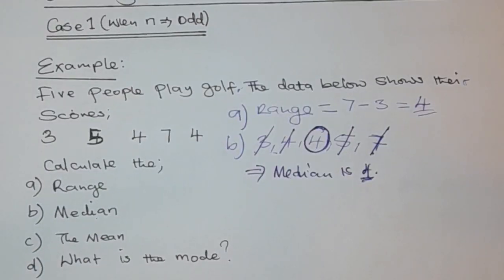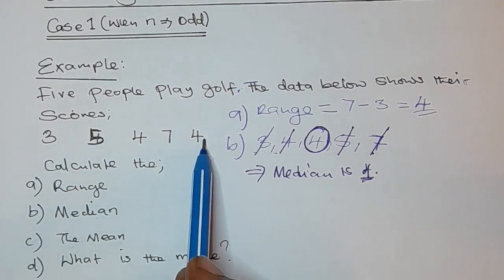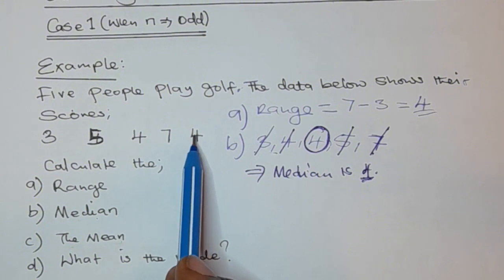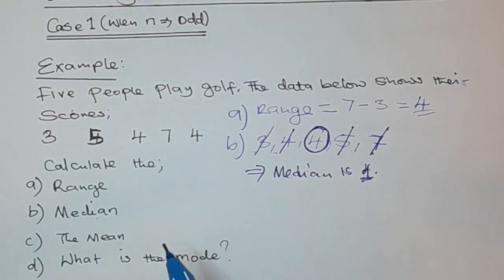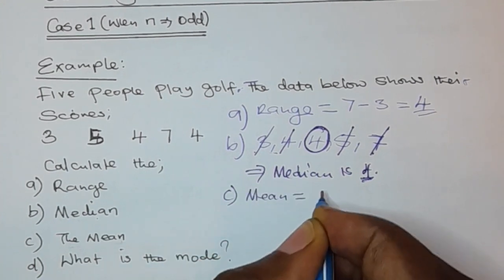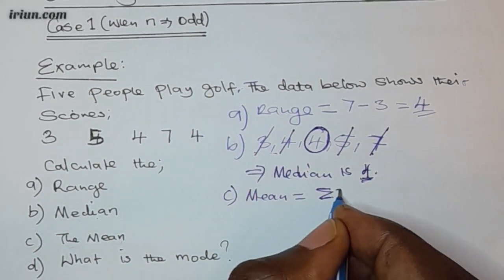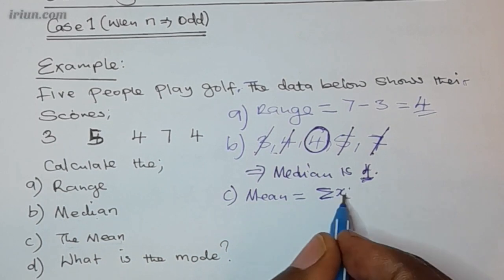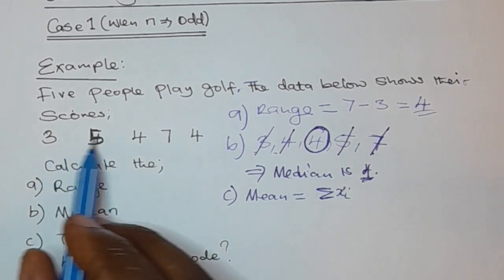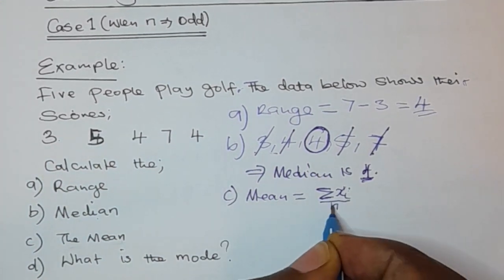The next question, they want you to find the mean. The mean is when you add all the numbers, then divide by n. N in this case is 5. So the mean is the summation, sigma, a Greek symbol, of the xi's, which means all these numbers, over n. N, we said, is 5.